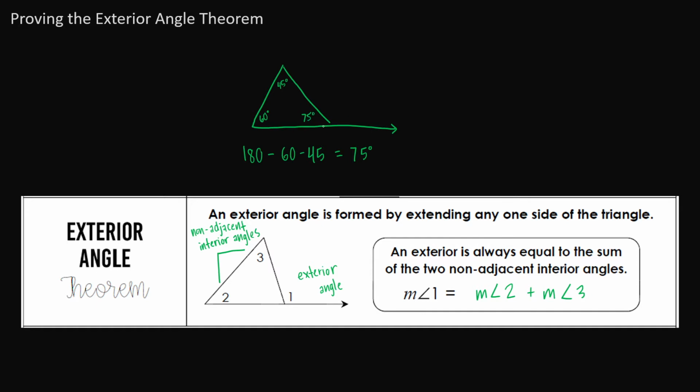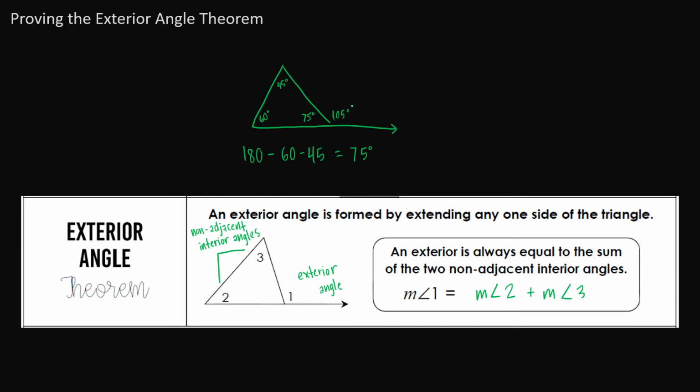What's cool about what's next is we know that this 75-degree angle and this missing angle on the outside are a linear pair, which means they have to add up to 180 degrees. So 180 minus 75 would be 105 degrees.